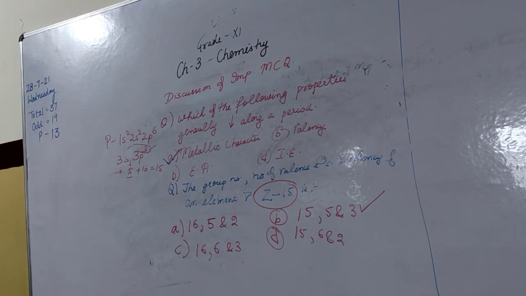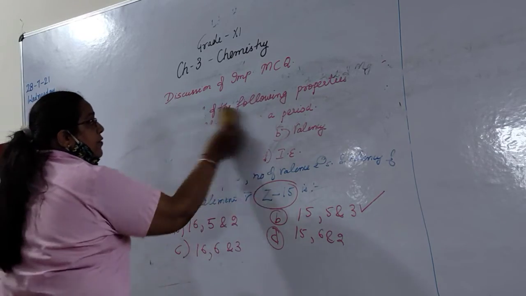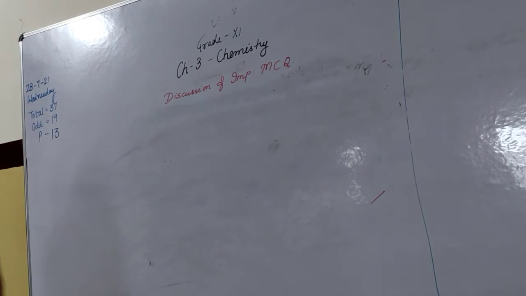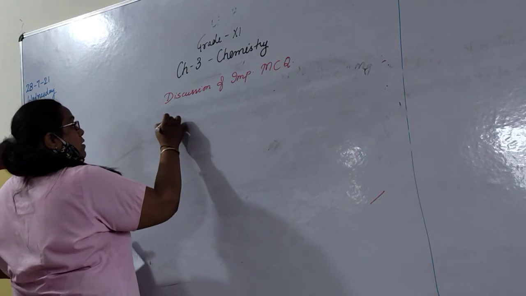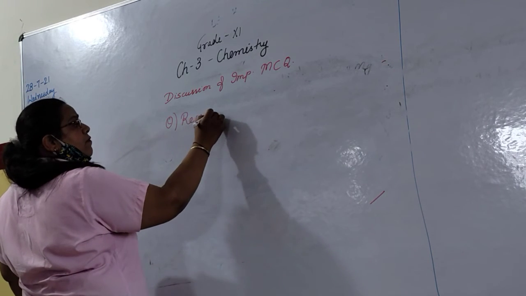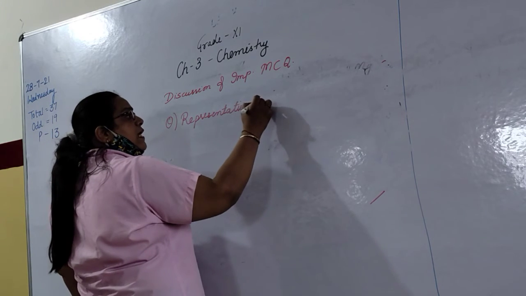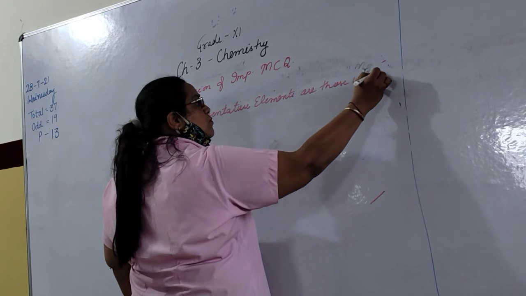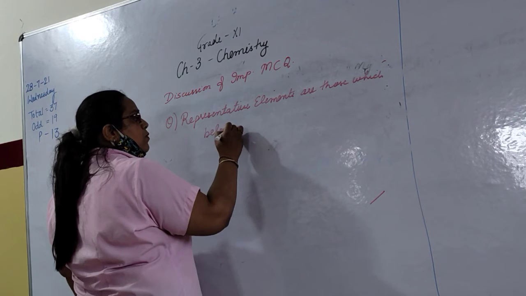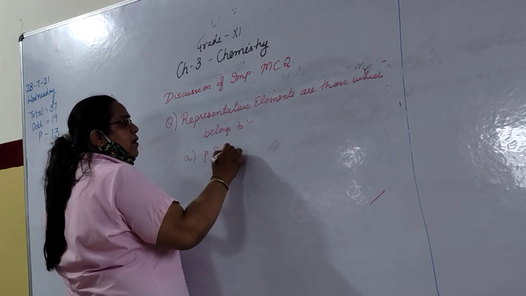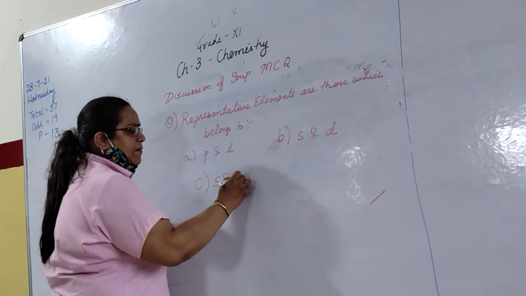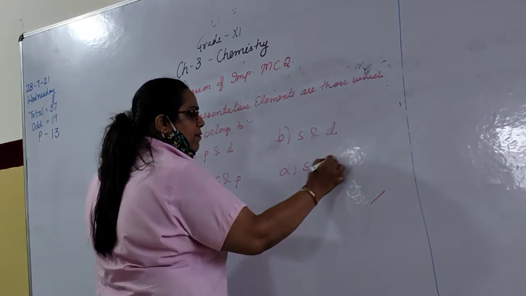Next, representative elements are those which belong to: P and D block, S and D block, S and P block, or P and F block.